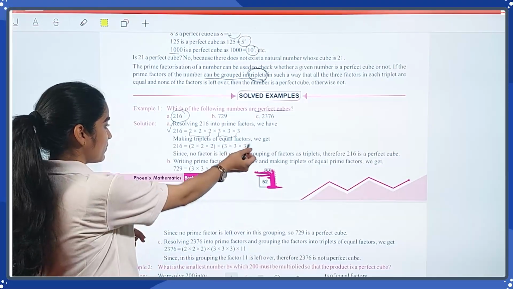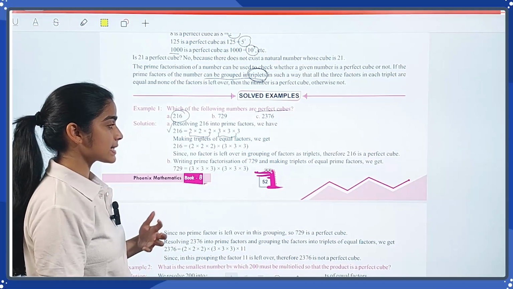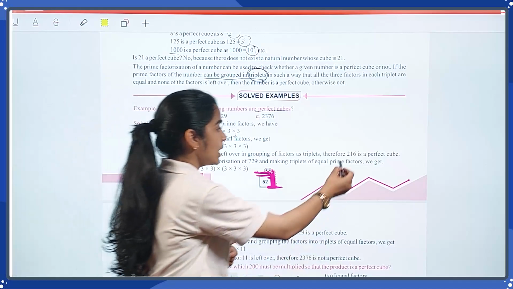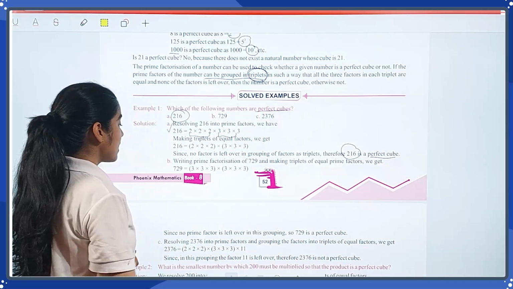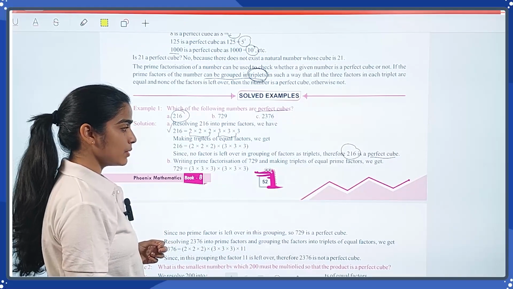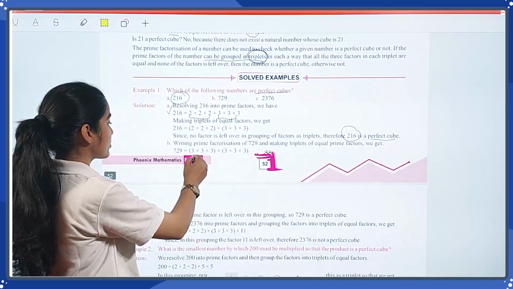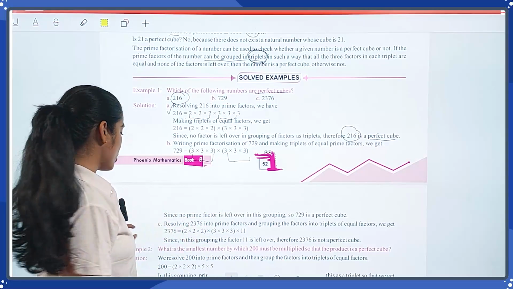Making triplets of equal factors, we get this. Since no factor is left over in grouping the factors as triplets, therefore 216 is a perfect cube. Next, writing the prime factorization of 729 and making triplets of equal prime factors, we get triplets of 3. So it is also a perfect cube.